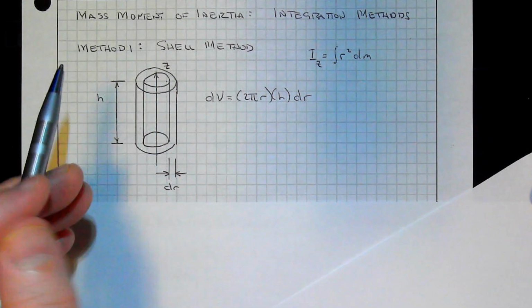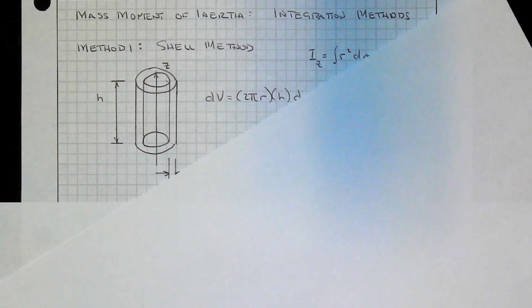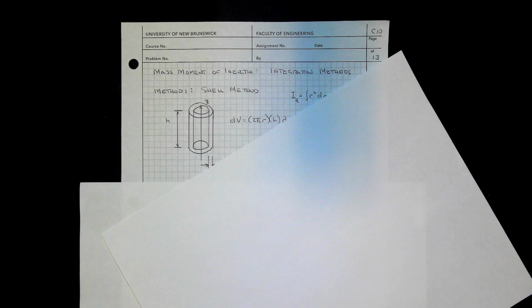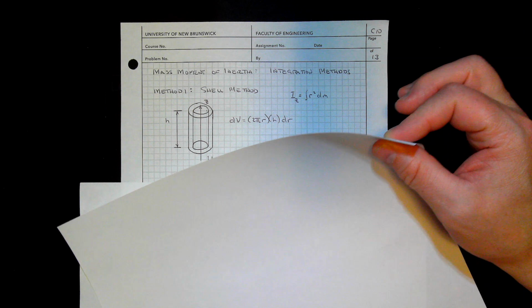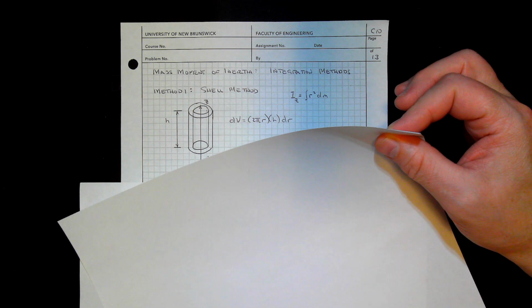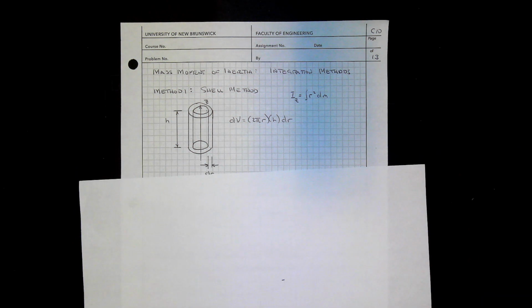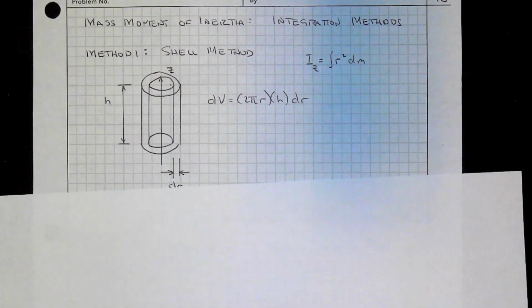So what is the volume of a piece of paper? Well, let's zoom out for a moment. The volume of a piece of paper would be this dimension times this dimension times whatever that thickness is. It isn't very big. And then we take this and we join the ends together.